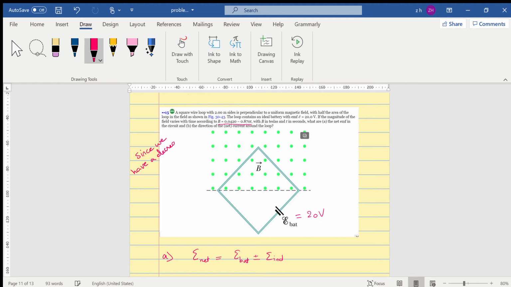So since we have a decreasing field, then phi is also decreasing, then the induced electromotive force will try to generate a magnetic field to increase phi, so it will be supporting the magnetic field. So B induced is out of the page as well, and if we apply the right hand rule, then the induced electromotive force will be anti-clockwise.